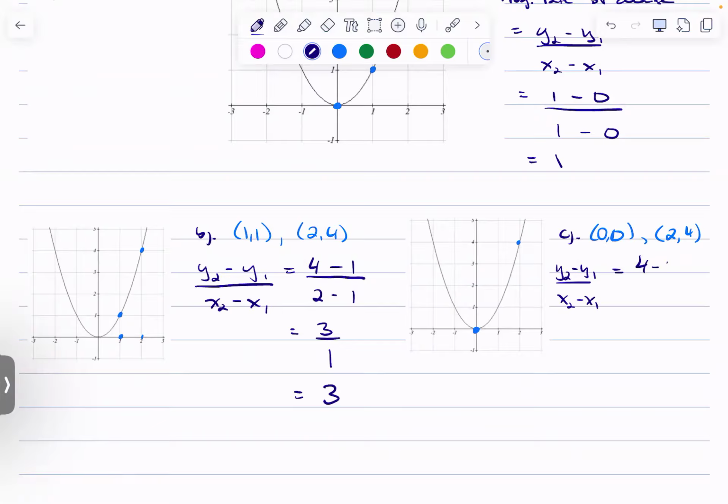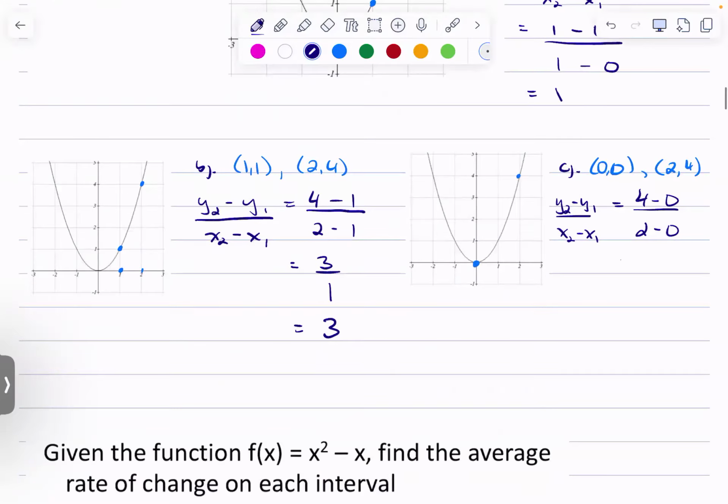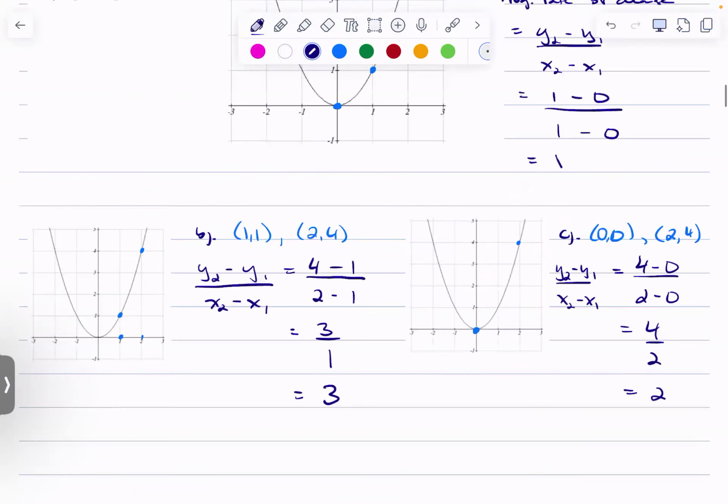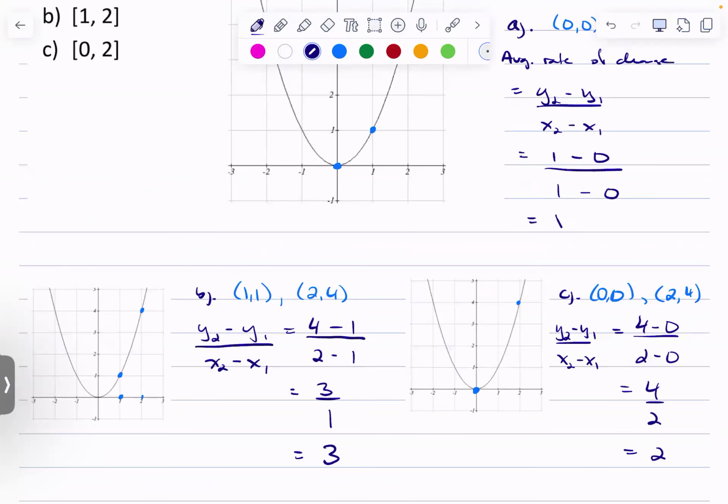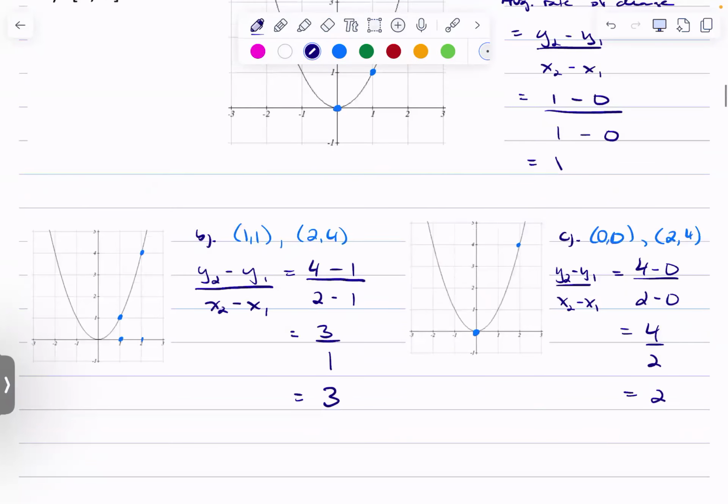I have 4 minus 0 over 2 minus 0. That gives me 4 over 2, or just 2, which is kind of what we suspected, right? So the average rate of change, of course, depends on the interval that we're interested in. Nice.